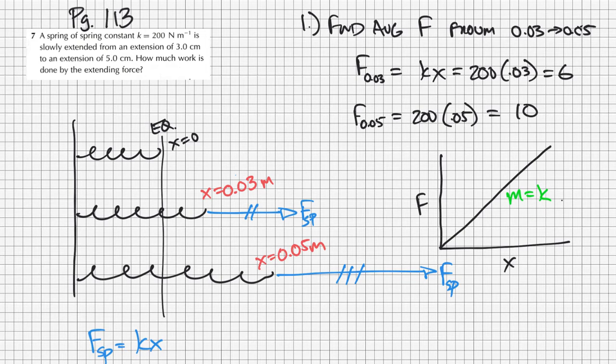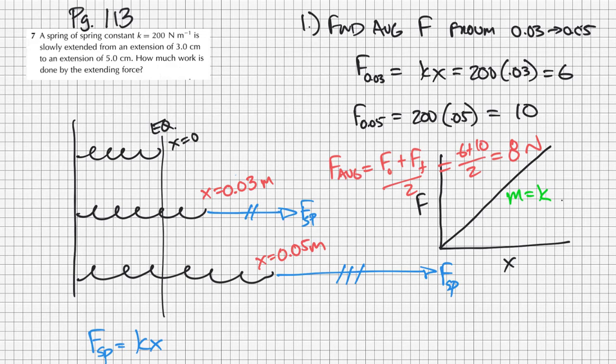So my average force is like when we find the average velocity: my initial force plus my final force divided by 2. That's 6 plus 10 divided by 2, that's 16 over 2, so an average force of 8 newtons.